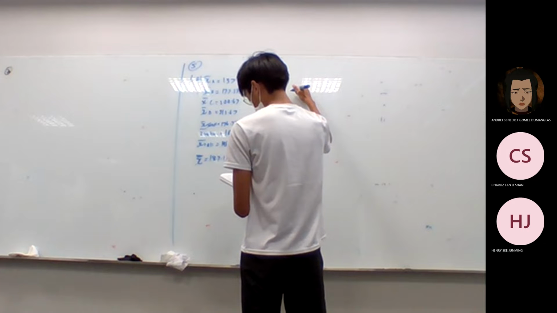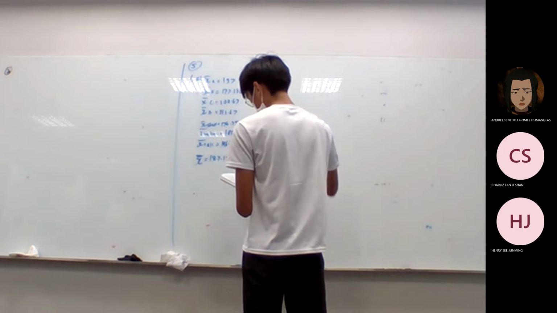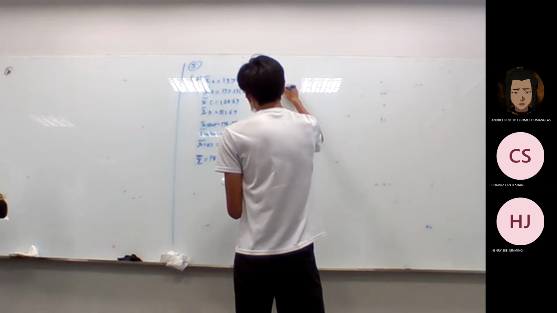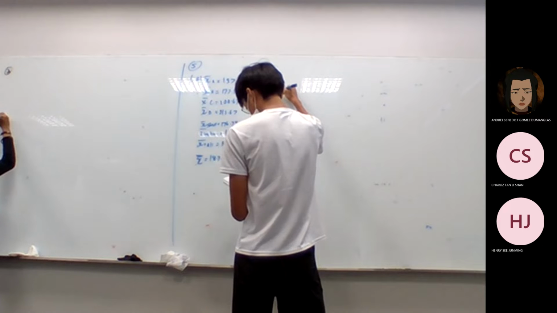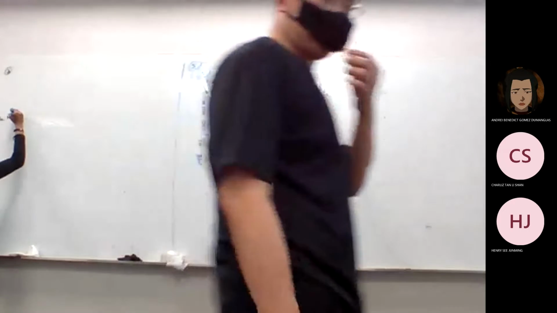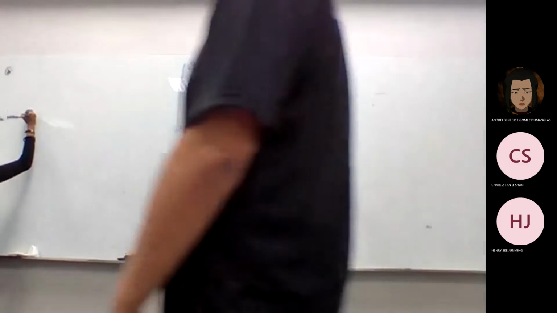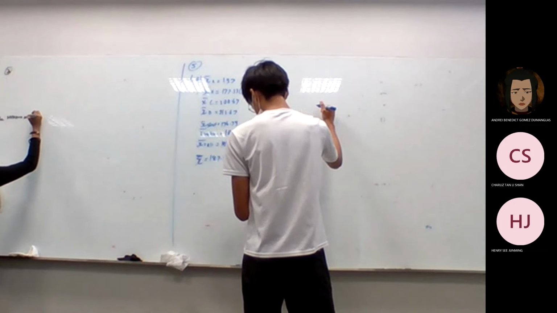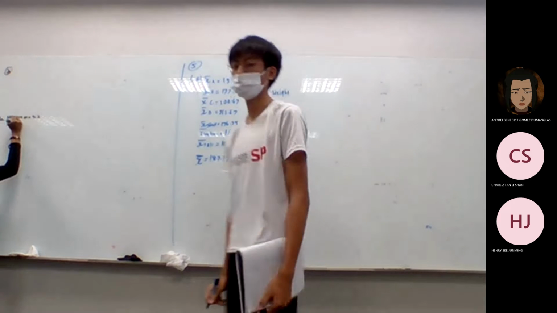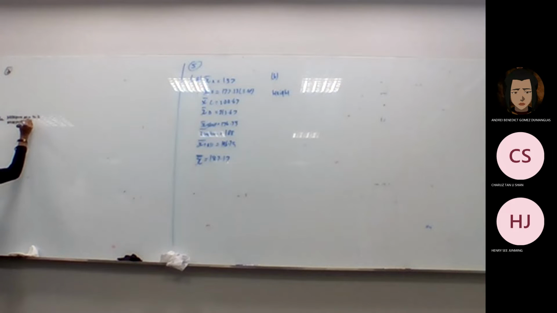Okay, draw the ANOVA table first. Why is it important? High and fertilizer.